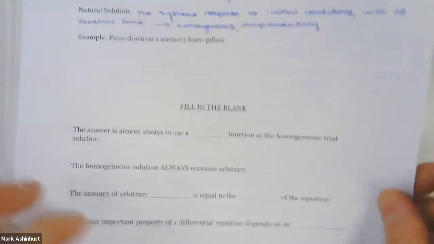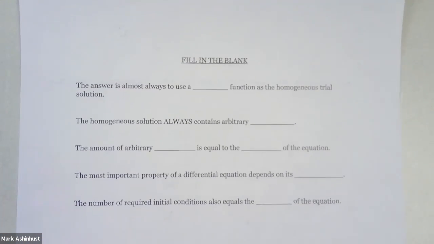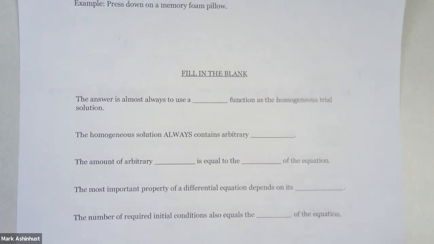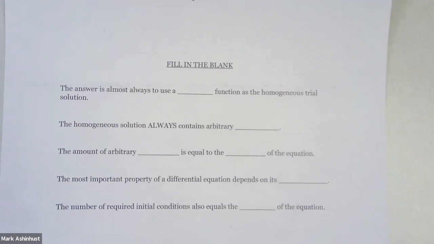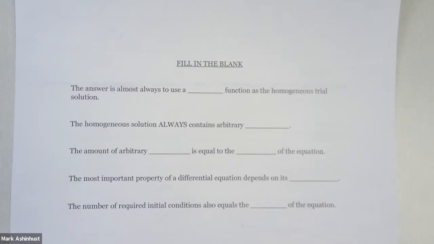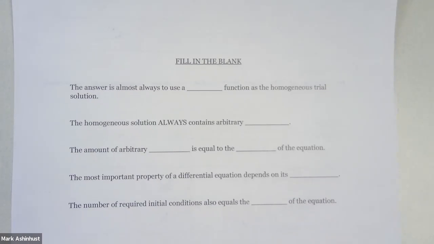And then this leads to some fill in the blanks. These contain some pretty important relationships to know. The first one is something we've already used a lot. The answer is almost always to use a blank kind of function as the homogeneous trial solution. This is what we've used in class and what's done a lot. It was even one of the answers to one of the beginning examples.